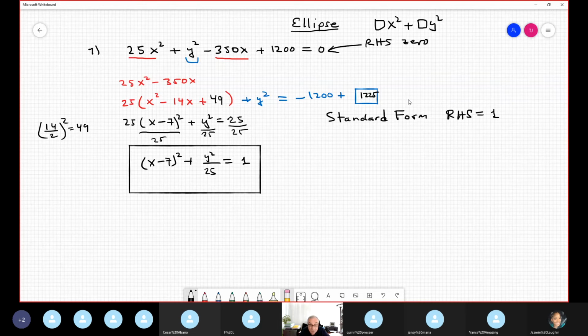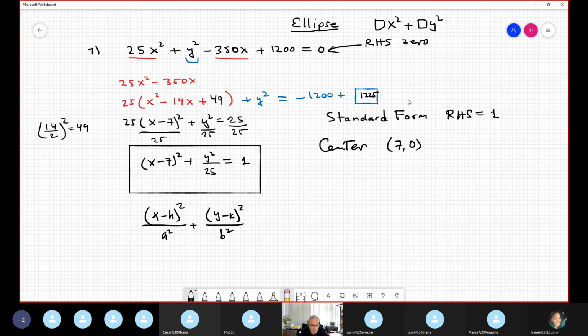Identification, the center. The center of the ellipse is located at the point 7,0. Because h, remember the formula is x minus h squared over a squared plus y minus k squared over b squared equal 1, not necessarily in this order.